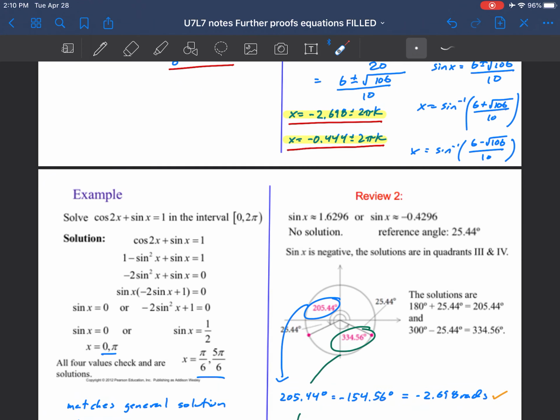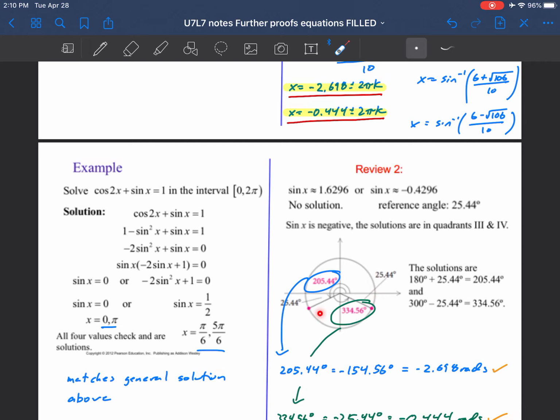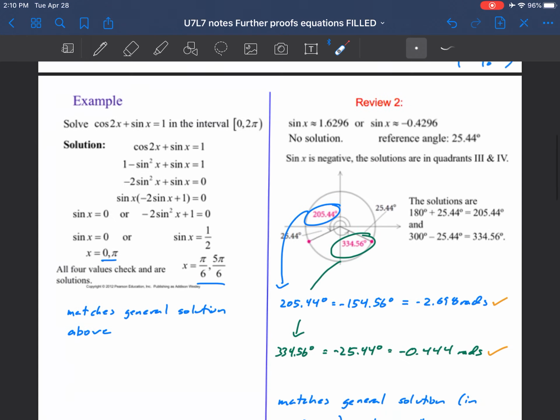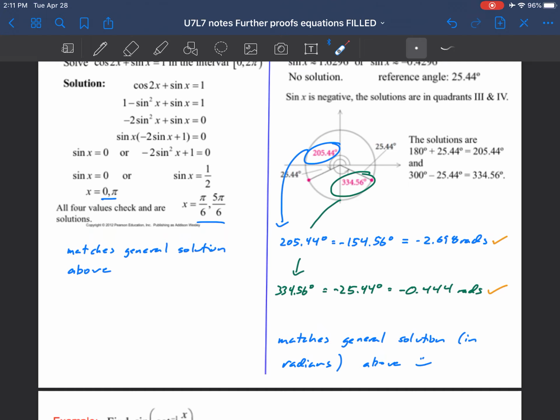So actually, if you plug it in the calculator, it would find this answer over here. Yeah, it's going to find this answer, guys. The calculator is going to give you this answer, which is the same thing as 334.56 degrees, right?